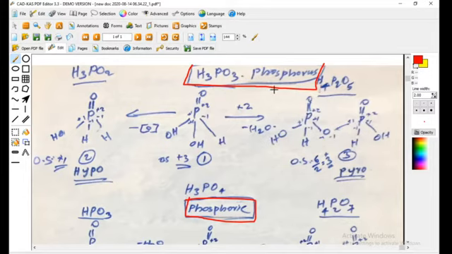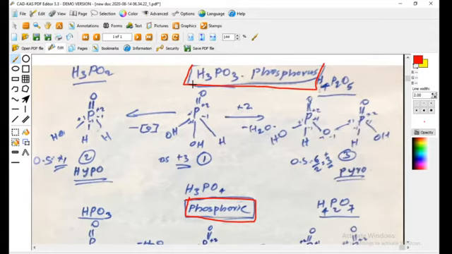Here we are going to discuss the name, molecular formula, structure, oxidation state and the basicity clearly. If you know this topic, it is very easy to identify the structure, name, everything easily, and I am giving some clues. So we are going to discuss one by one.